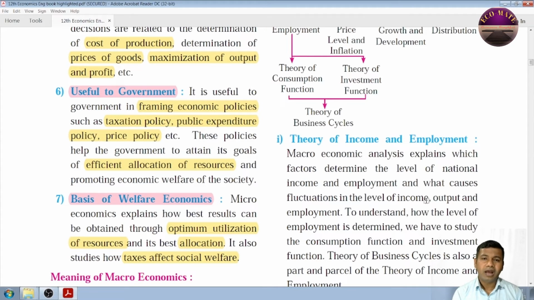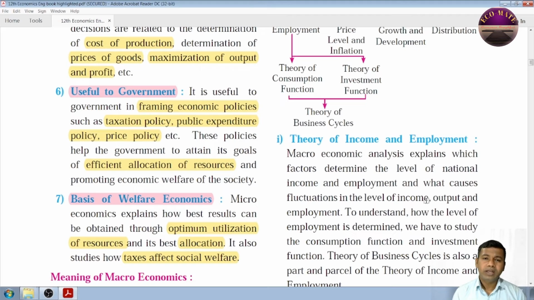You will wonder how microeconomics helps in taking better decisions regarding price policies and taxation policies, and how that will help the government. These policies help the government attain the goal of efficient allocation of resources. The government's goal is to maximize the satisfaction of the people, the welfare of the society. This is the main objective of the government.